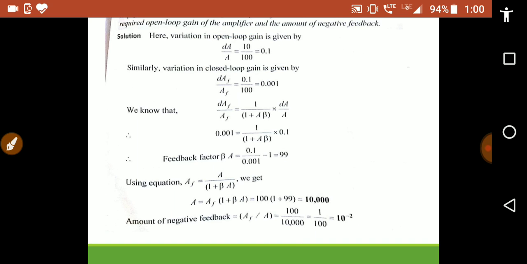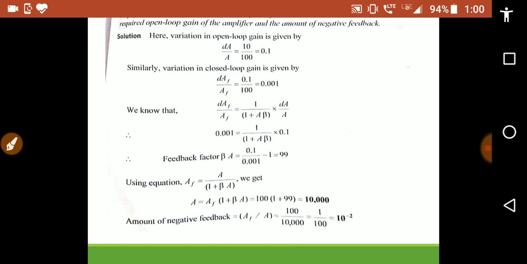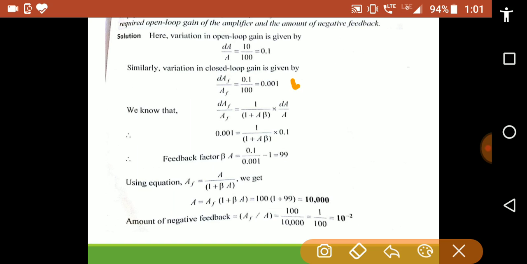Similarly the variation in closed loop gain, dAF by AF, equal to 0.1%, equal to 0.1 divided by 100 equal to 0.001.